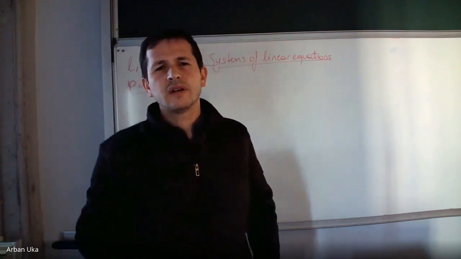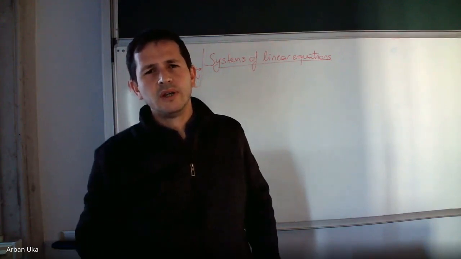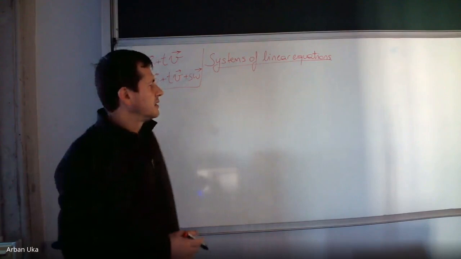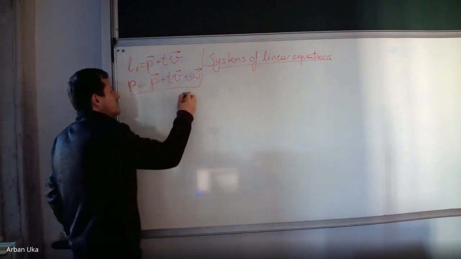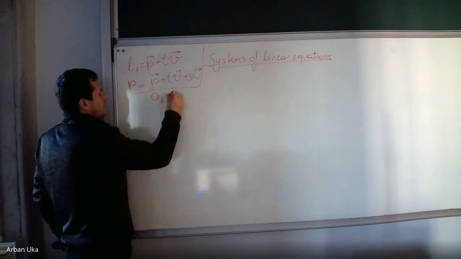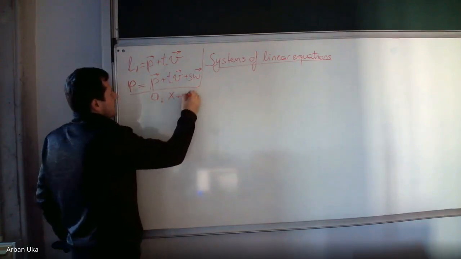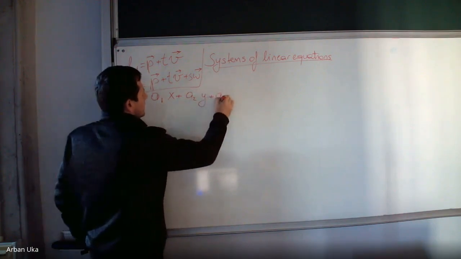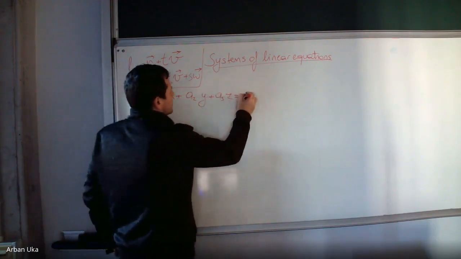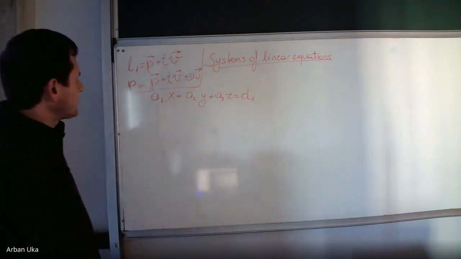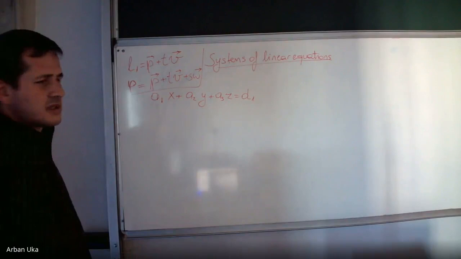So we don't have x squared plus y cubed, but every variable is to the power 1, and this equation can be represented in this form. We can have, for example, a1 x plus a2 y plus a3 z equal to a constant d, or let's call it d1. So this is one linear equation.